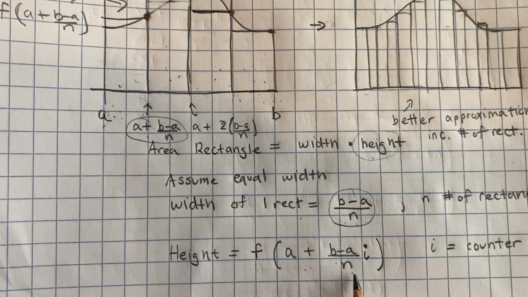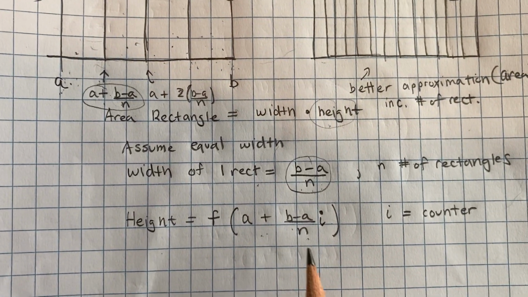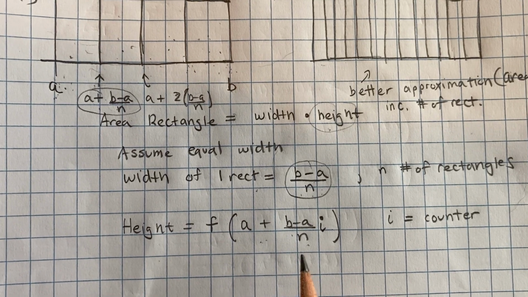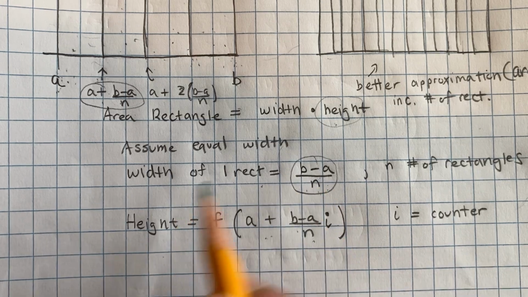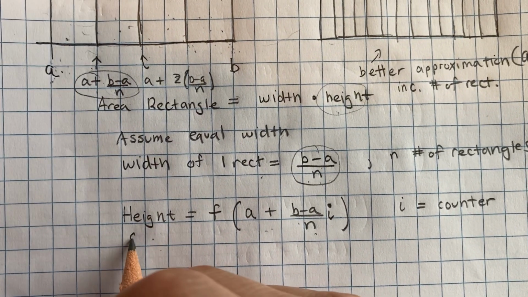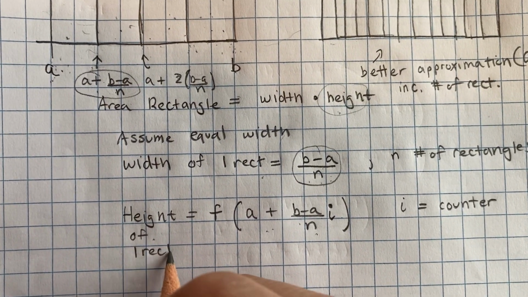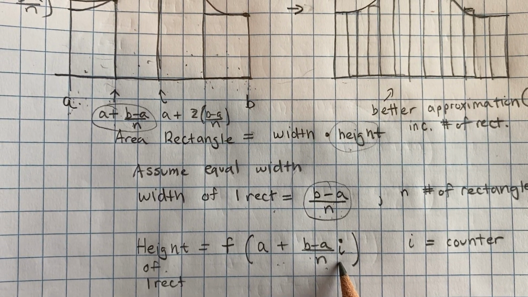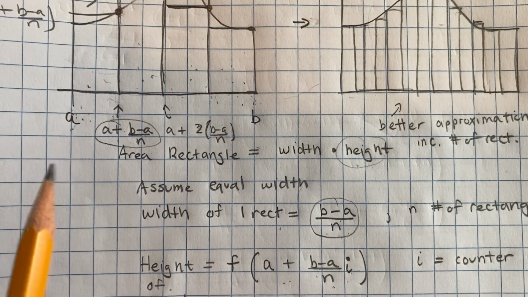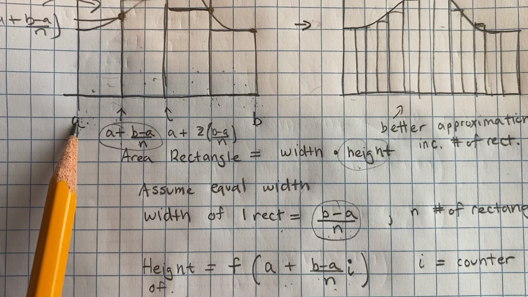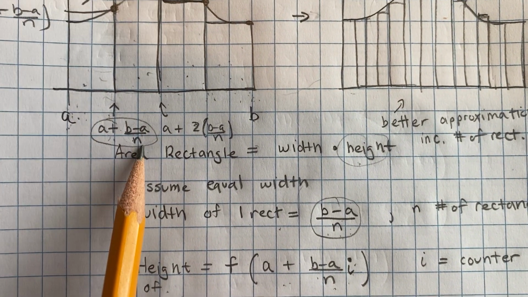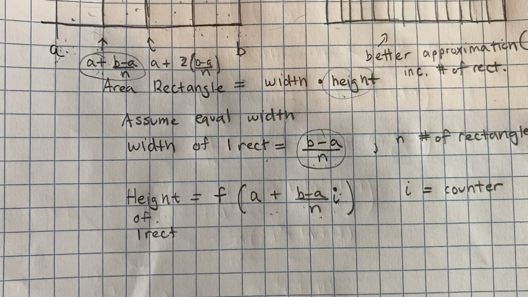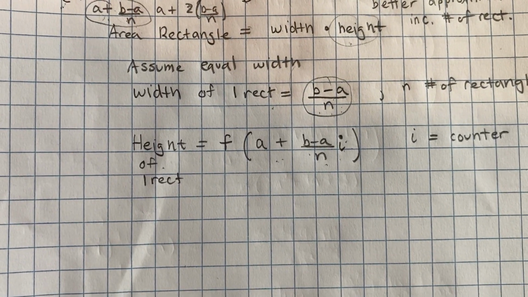Okay, all right, now we still have not come up with a formula, but we're very, very close. We have the width of a single rectangle. We have the height of one rectangle, depending on what your counter is, right? Let's say I is 0, you would just plug in f of a. If I is 1, you would plug in f of a plus b minus a over n. Let's come up with a generic formula now.